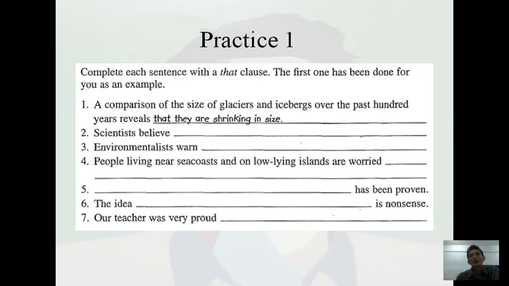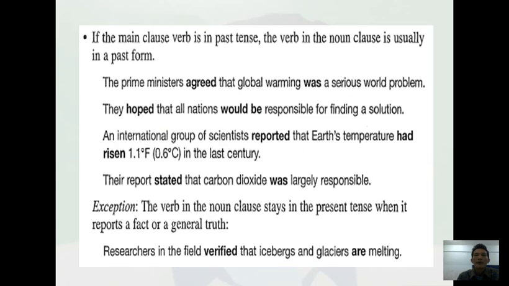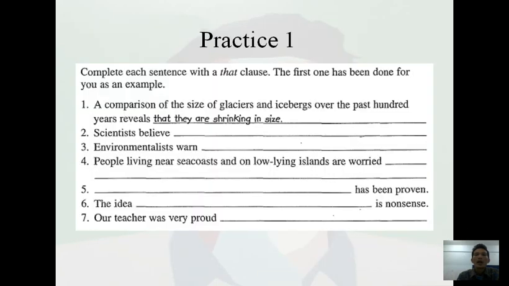Next, practice one. I provide you 10 questions here, and the first has been done. Comparisons of the size of icebergs over the past 100 years reveal that they are shrinking in size.